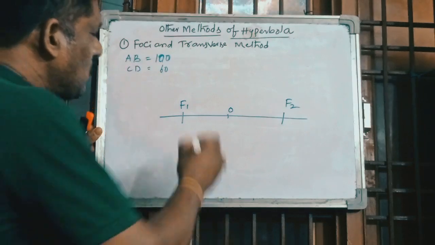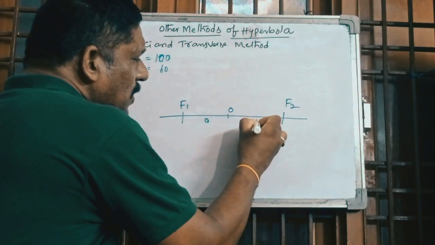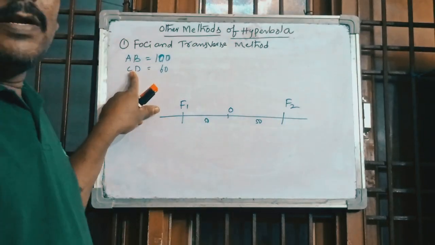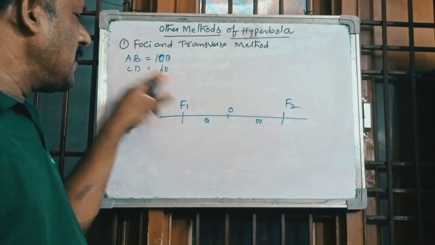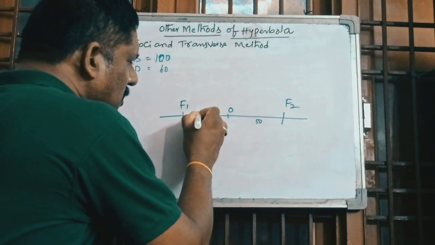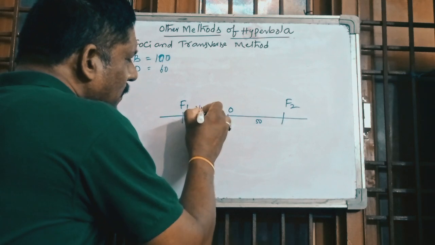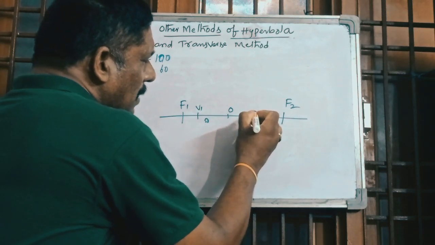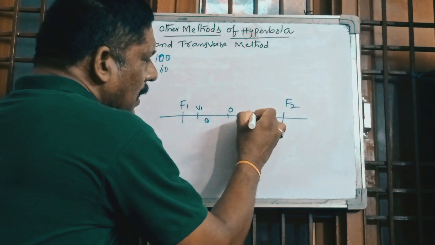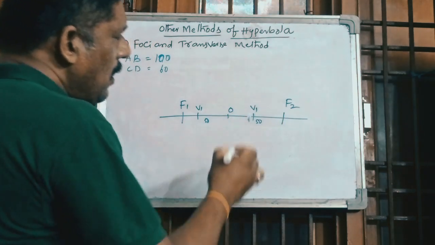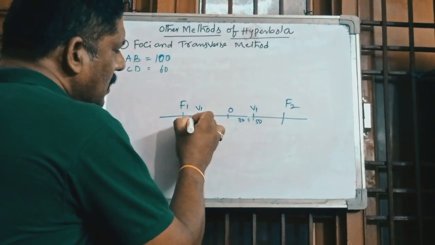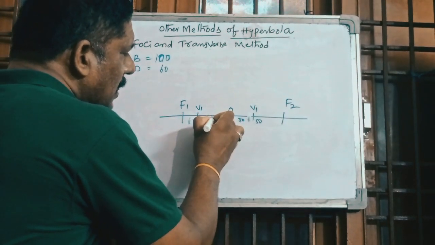Next, the distance between the vertex points is given as 60 mm. So take 30 mm on this side, this is V1, and 30 mm on the other side, this is V2.